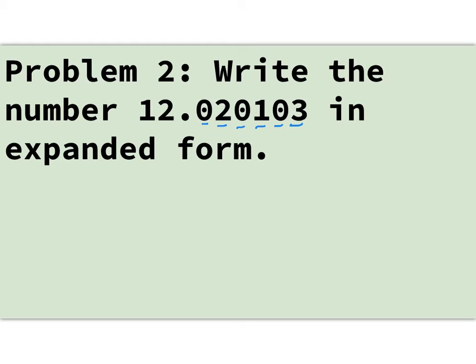So if there were no decimal here, it would be 20,103. But since we're to the right of the decimal, the last digit is in a millionths place. So how we read the number: 20,103 millionths.